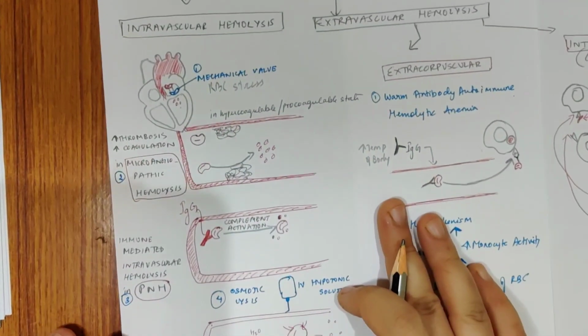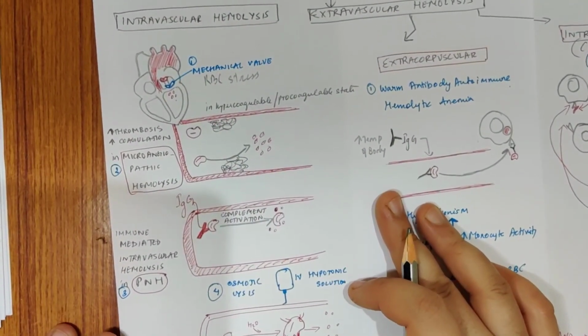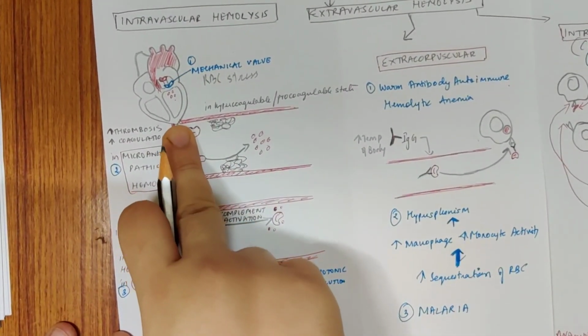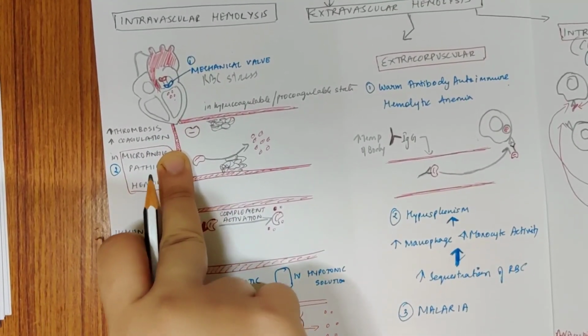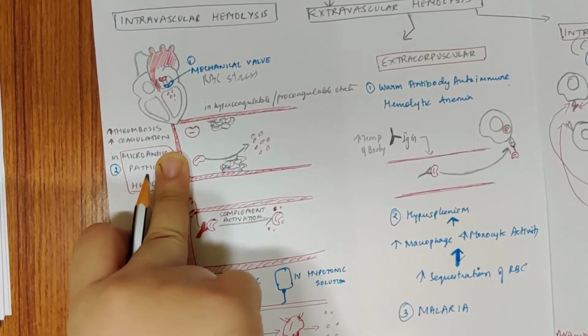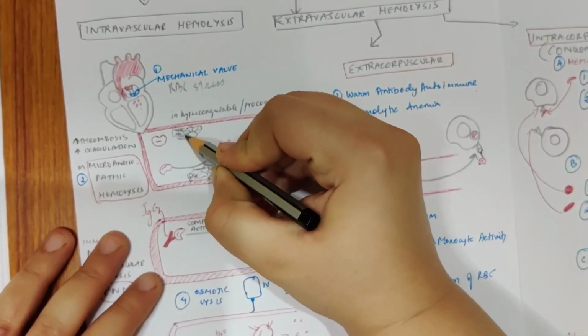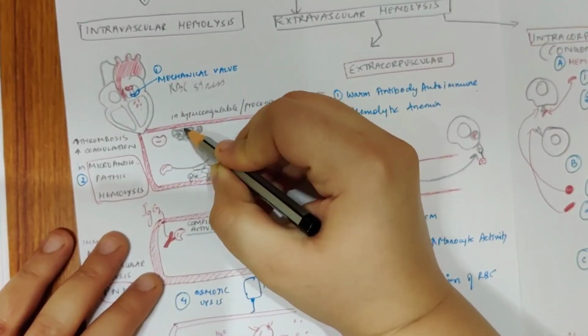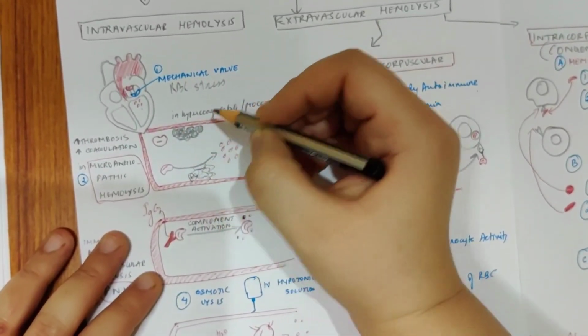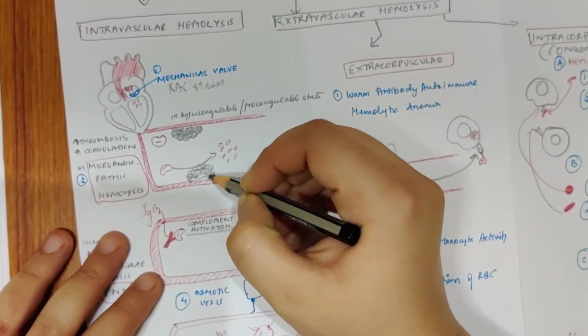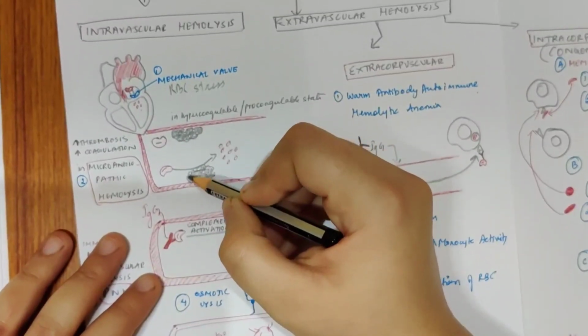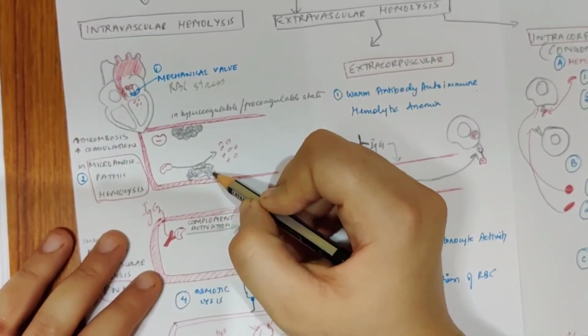Number 2, in cases where there is increased thrombolysis, increased thrombosis and increased coagulation, what happens is that all these coagulants and thrombolyzed materials accumulate on the walls of the capillaries.